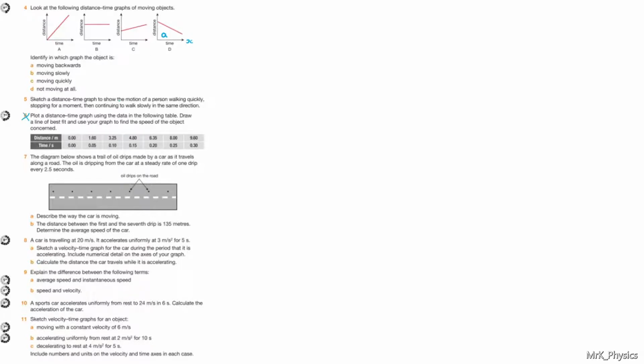Moving slowly, so it is moving, but it's moving slowly. Well, that's all to do with the gradient. So if the gradient, let's just do this actually. The gradient of a distance time (d-t) graph equals speed.